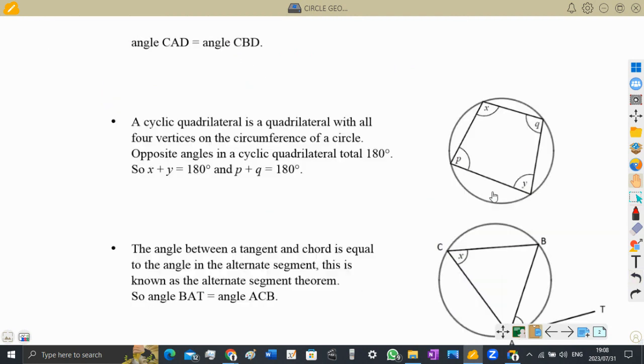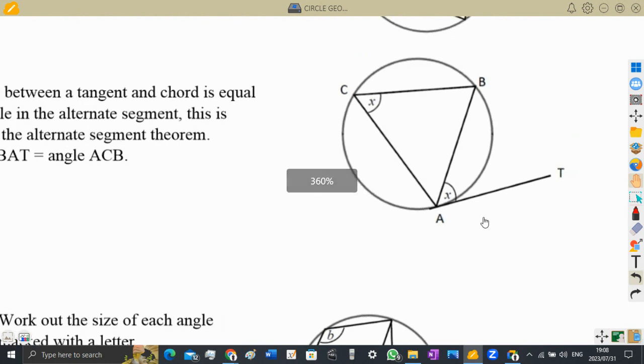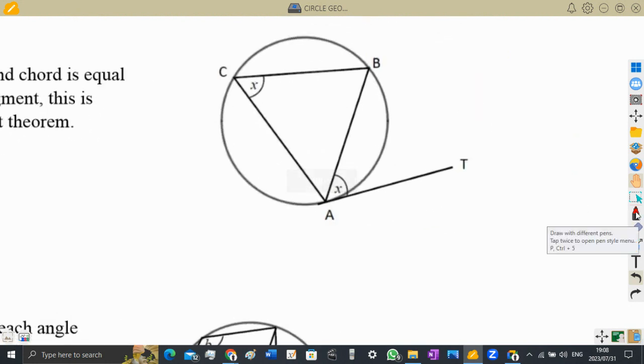There's also this theorem on a tangent, which states that if we have a tangent here from A to T, the angle found between a tangent and a chord is found in between.